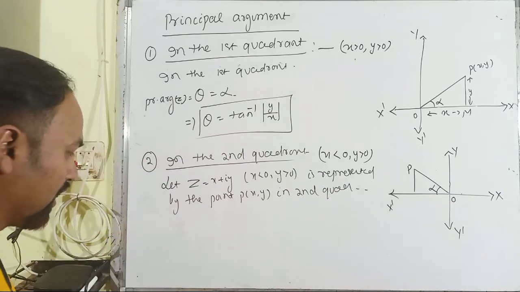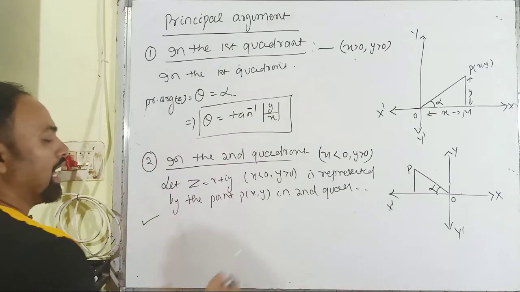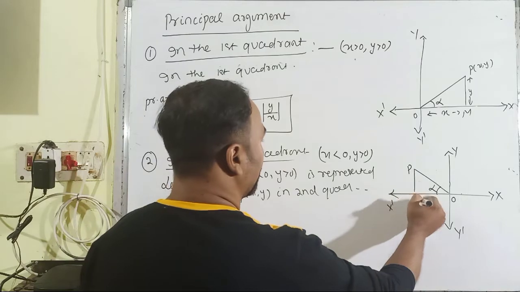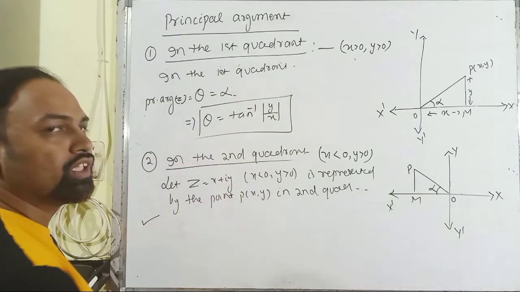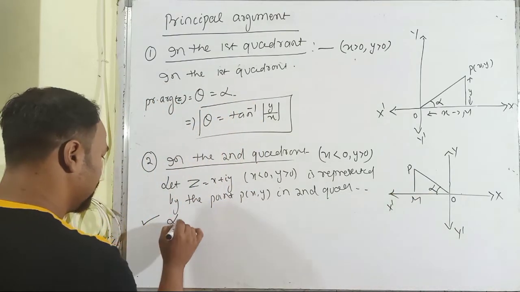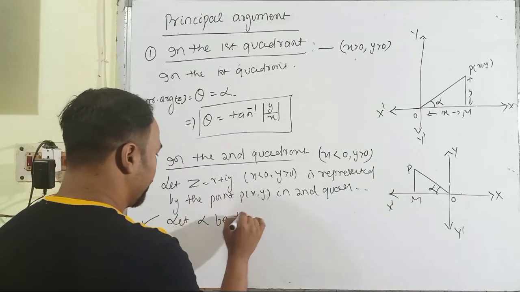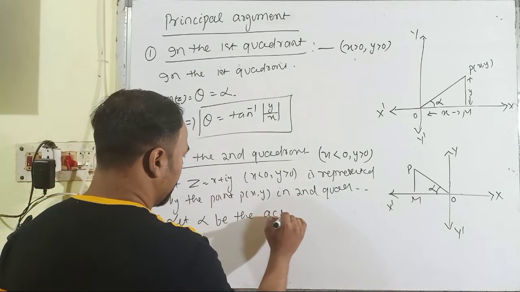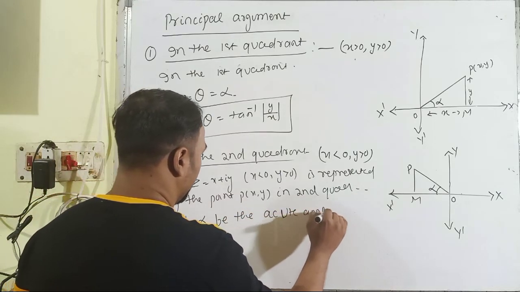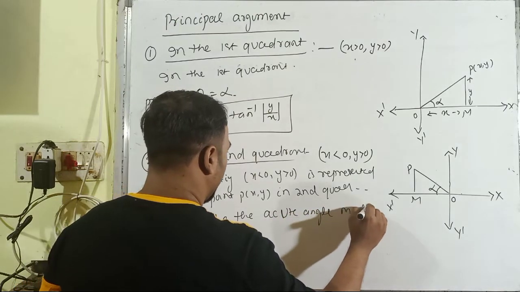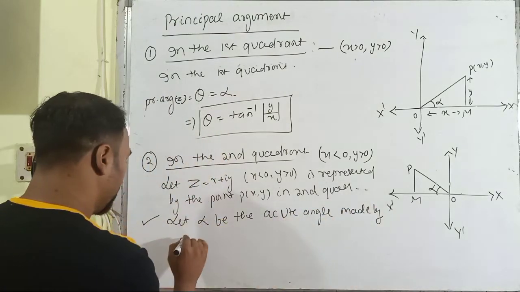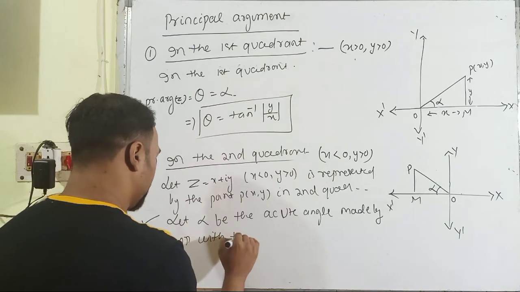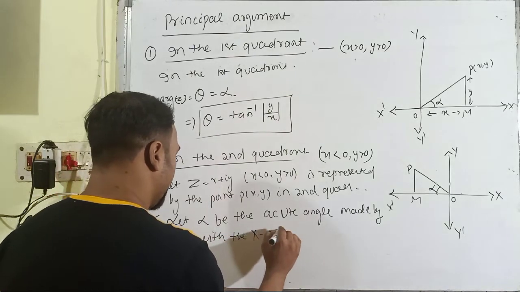In the second quadrant, let alpha be the acute angle made by the line segment OP with the x-axis.